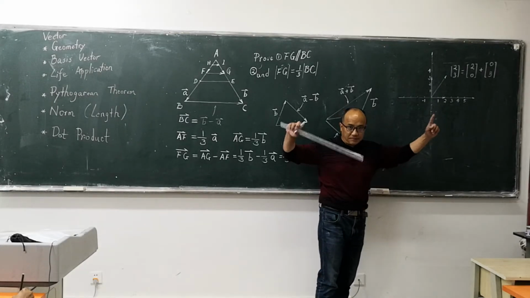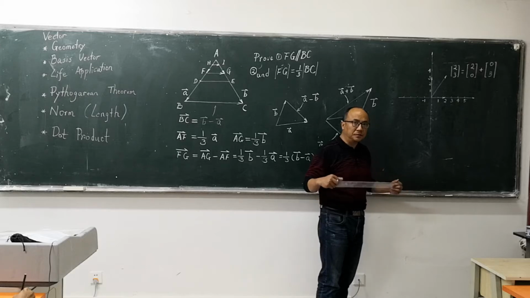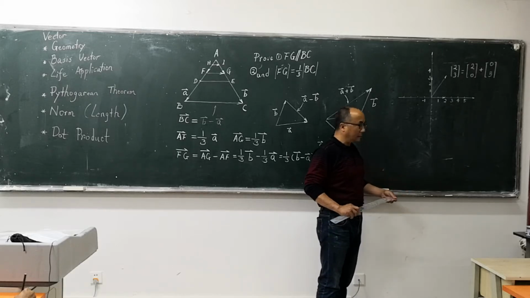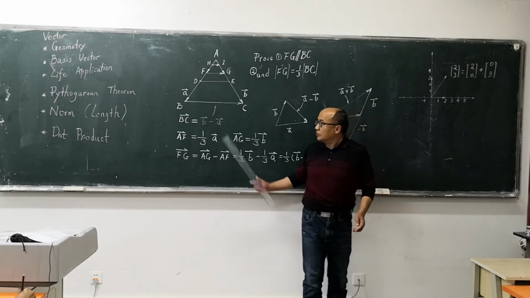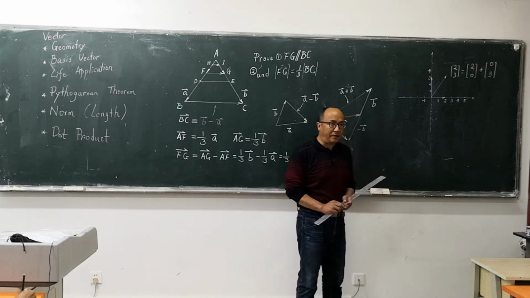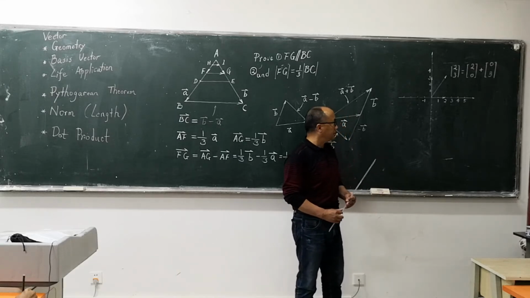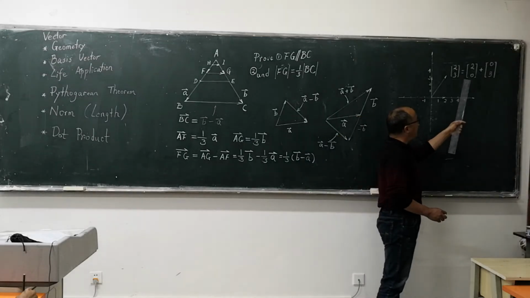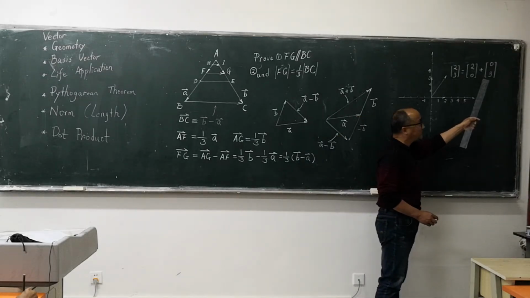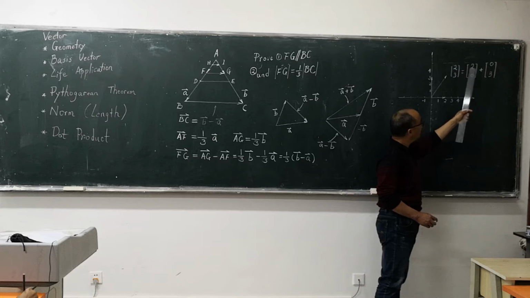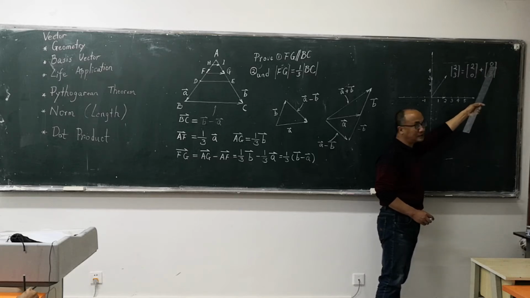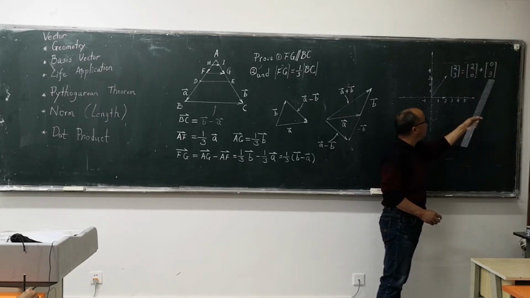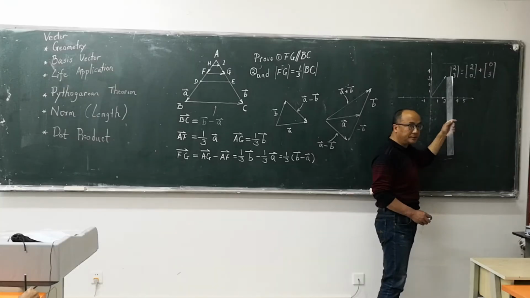Don't do one thing and forget another. So the same vector, you can look at it as the summation of two vectors. Remember how to do it? 2 plus 0, that's a 2. 0 plus 3, that's a 3.